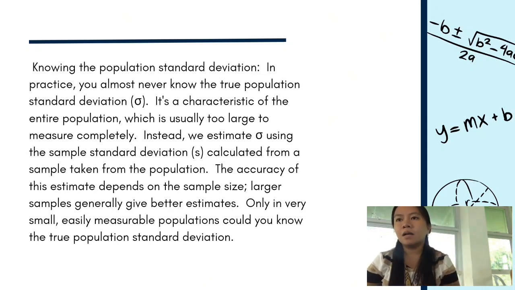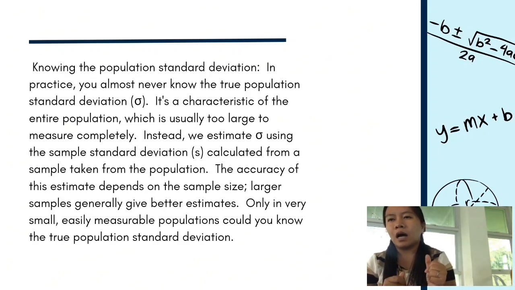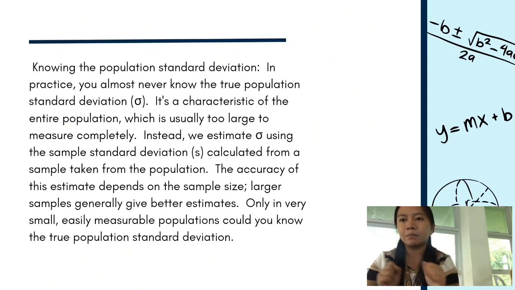This is because sigma is a property of the entire population, which is typically too large to measure completely. So instead, we estimate sigma by using the sample standard deviation, denoted as S. These values are calculated from a sample drawn from the population. The accuracy of the estimate depends on the sample size.